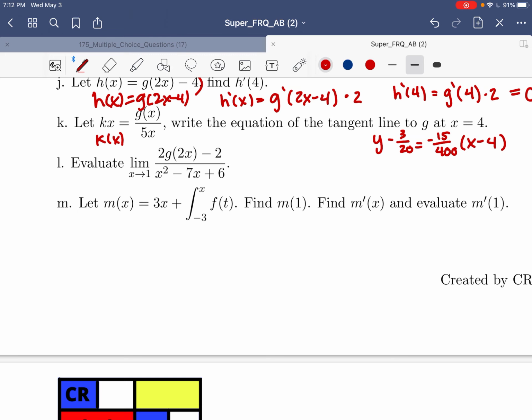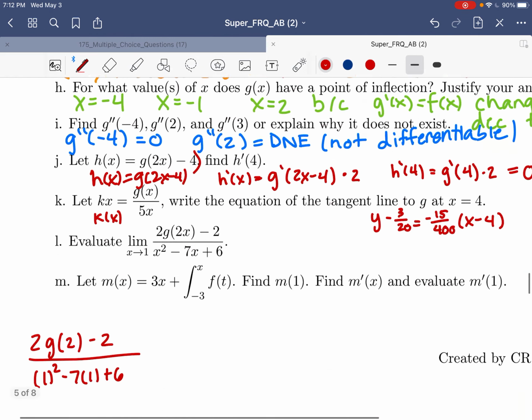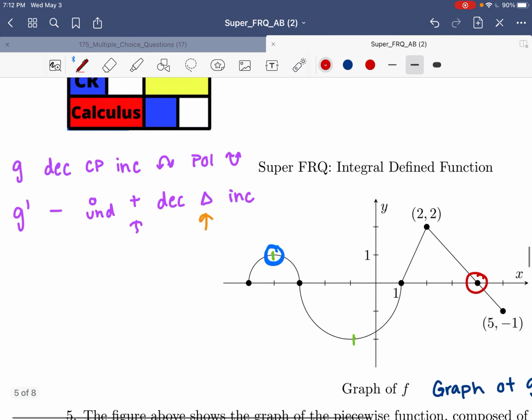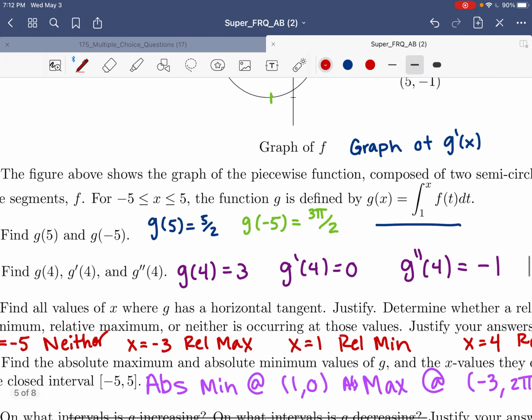Okay, next one. If I plug this in, I would get 2 times g of 2 minus 2, 1 squared minus 7 plus 6. G of 2, remember, thought we found that earlier.